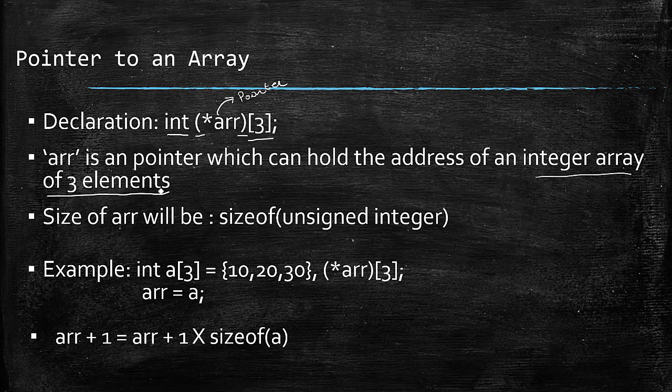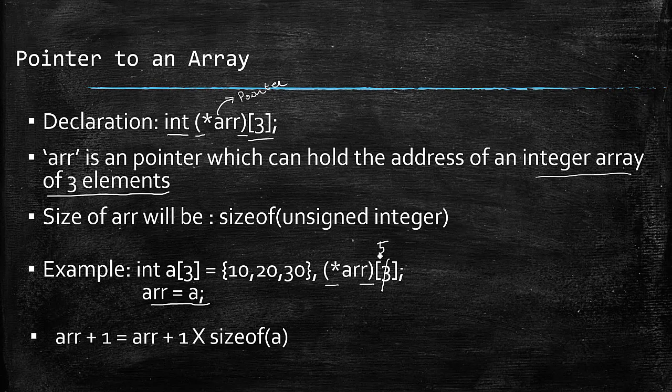So let us come to the example first. Here A is an array of integers and its size is 3. So the elements are 10, 20, 30, and ARR is a pointer to an array of 3 elements. So we can write ARR equals to A. But suppose we declare ARR like this, so it says that it will point to an array which is of integer but with 5 elements.